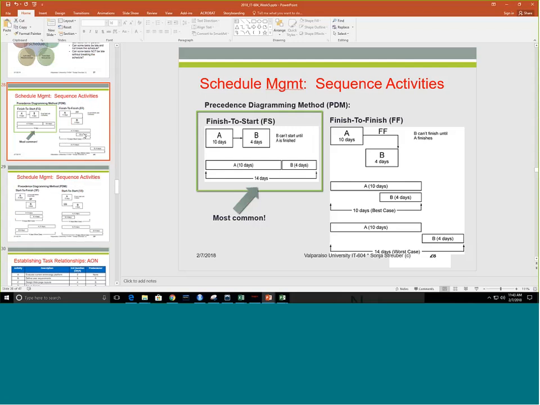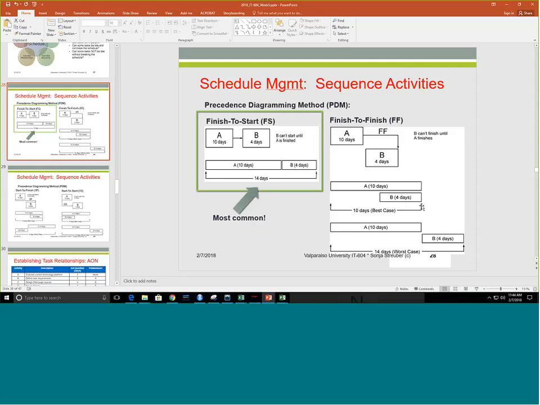There's also finish to finish, meaning that activity B, for example, cannot be finished until activity A finishes. We would have to wait for activity A to finish, like for example an approval, and B would be preparing or talking about the approval.